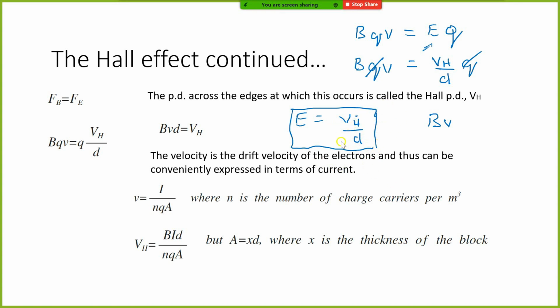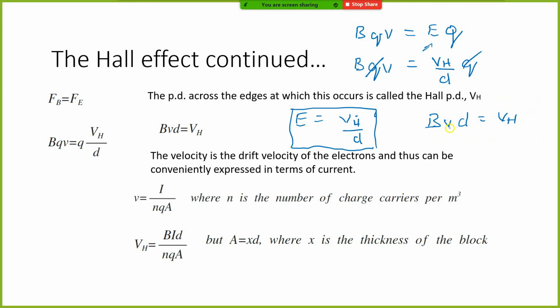All right. But yeah, so at the end of the day, B times V times D is now equal to my Hall's voltage. So if you wanted to find your Hall's voltage, you can just remember this equation, or you can derive it. That's the reason why we go through the derivation, so that you can remember equations, because it's not good to just swot it.